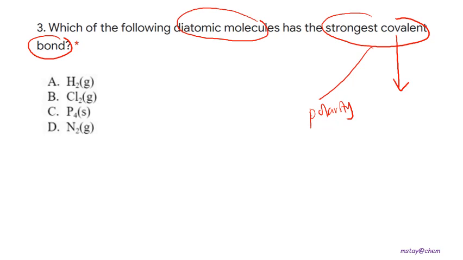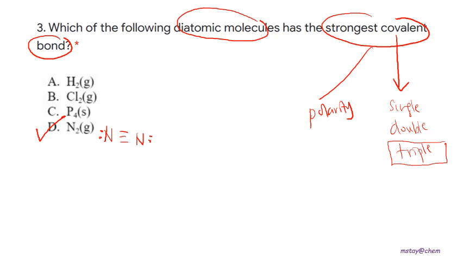So if we are not focused on the polarity, then we are going to focus on the single bond, double bond, and also triple bond. Among single, double, and triple bonds, the triple bond is the strongest. This is the Lewis structure for nitrogen and it consists of a triple bond. So nitrogen has the strongest covalent bond.